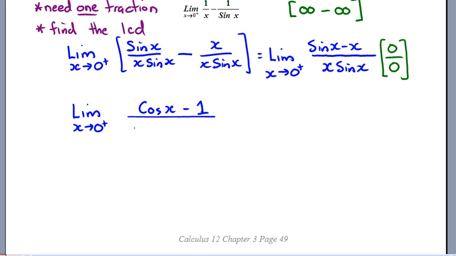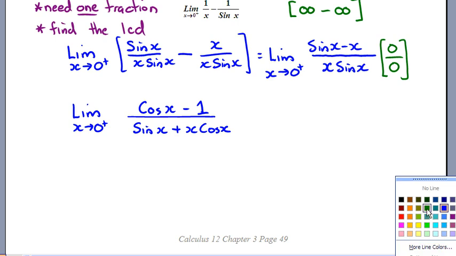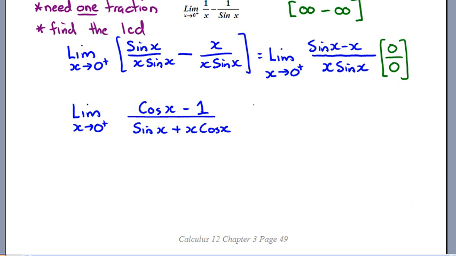So derivative of x is 1 times the sine x left alone, and then, I should say not minus, plus x times the derivative of sine x, which would be cos x. There, I just took a derivative of the top and a derivative of the bottom. That is how L'Hopital's rule works. And then you go and try a little direct substitution and see how it feels.